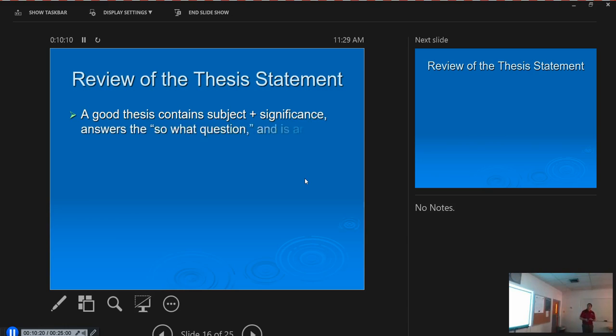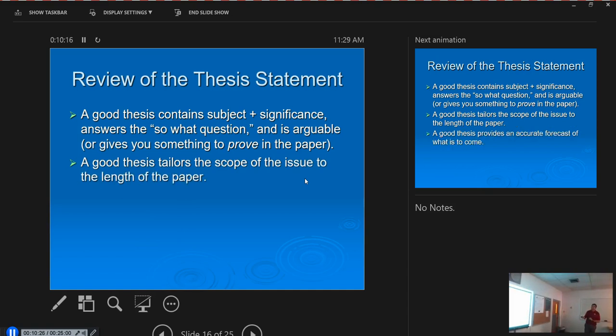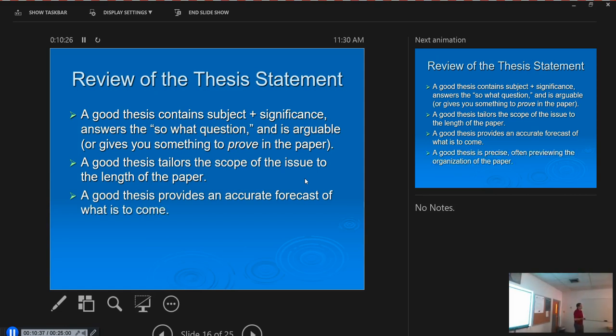So, let's review the first half of this PowerPoint. A good thesis contains a subject plus significance, answers the so what question, and is arguable. It gives you something to prove throughout the course of the paper. A good thesis tailors the scope of the issue to the length of the paper. In other words, you don't try to bite off more than you can chew. It also provides an accurate forecast of what's to come.